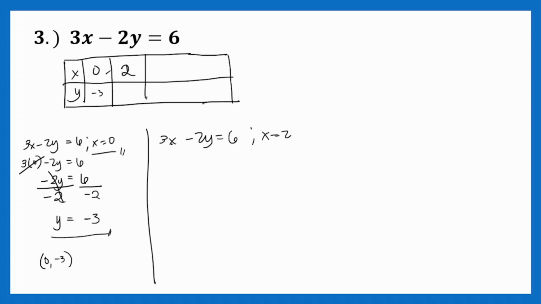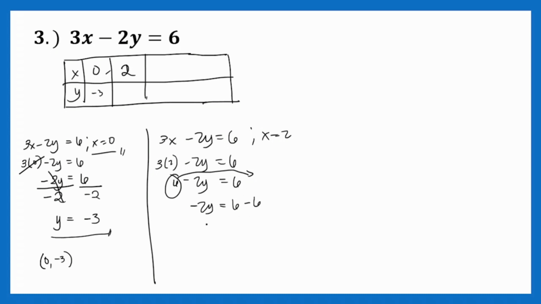So, change ko lang yung x into 2. So, this will become 3 times 2 minus 2y is equal to 6. What is 3 times 2? 6 minus 2y is equal to 6. So, since may number na nakahiwalay, ililipat ko yan. Alright? So, negative 2y ang natira is equal to 6. Ang positive 6 nilipat, that will become negative 6.